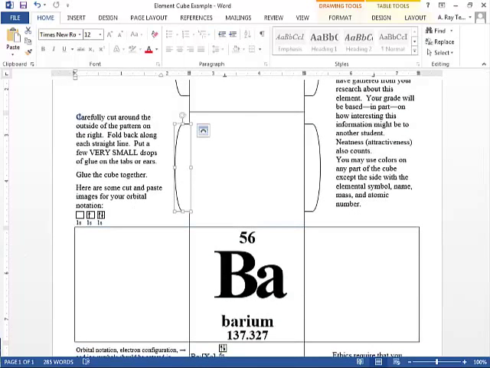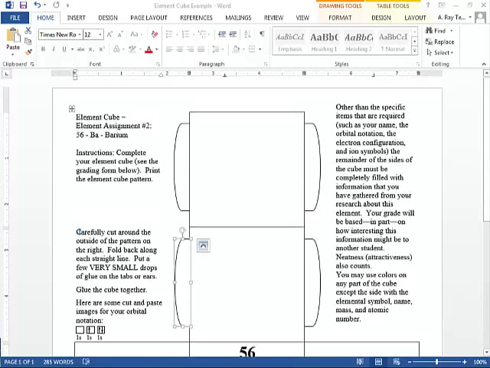Just make it small enough that somebody could see it if they wanted to. In fact, I think in the example that I gave you on your element cube that worked for hydrogen, let me pull that up here and show you. Where is that? Here we go. Periodic properties, element cube blank.